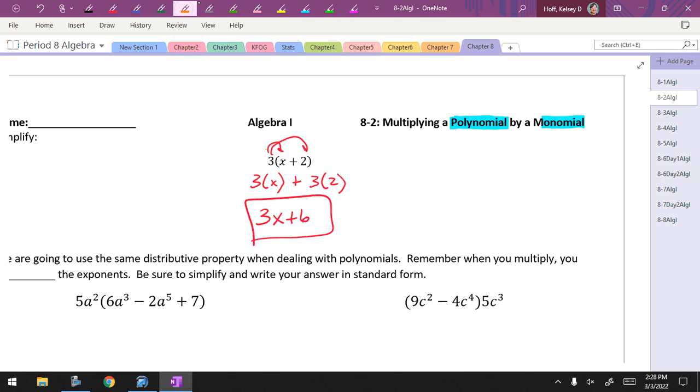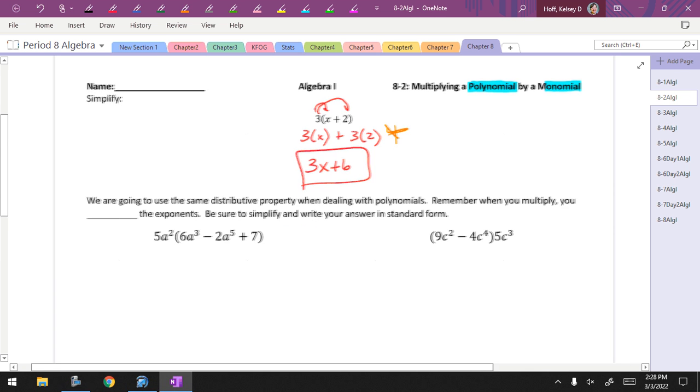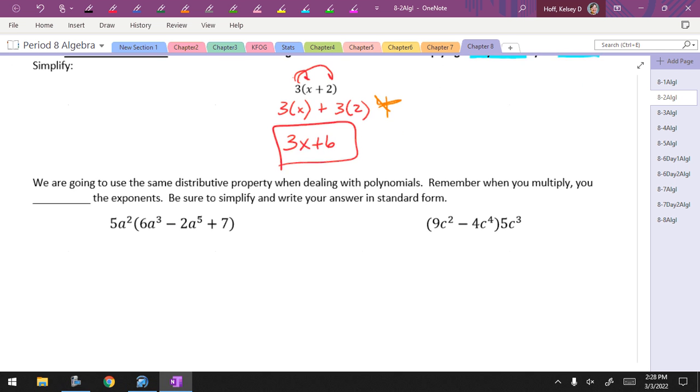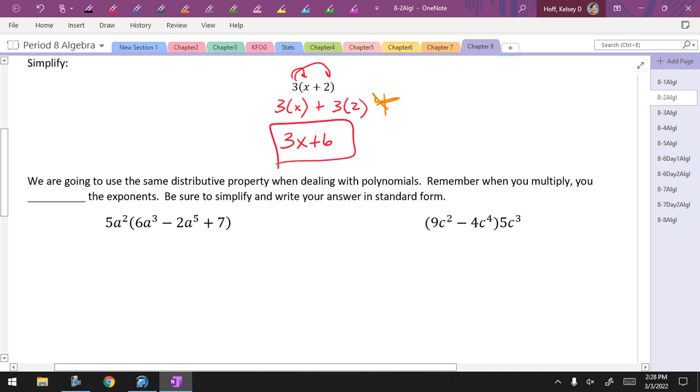I would say most of you are looking at this line right here going, why would you even write that down, Miss Hoff? Agreed? Like you're not writing it down. Today, you're going to be required to write it down because we're going to amplify what you've been working with. So we're going to use the same distributive property when dealing with polynomials, but remember, when you multiply, you keep the base and add the exponents.